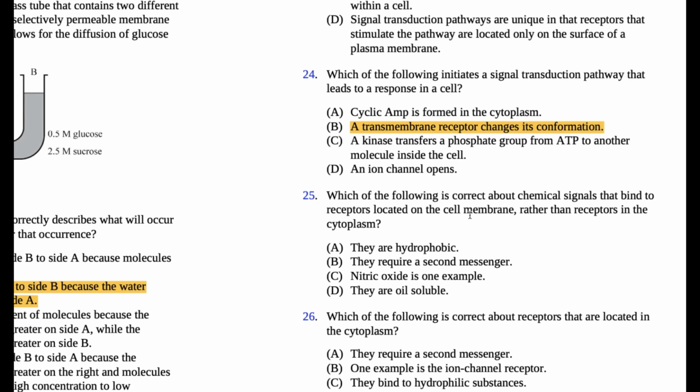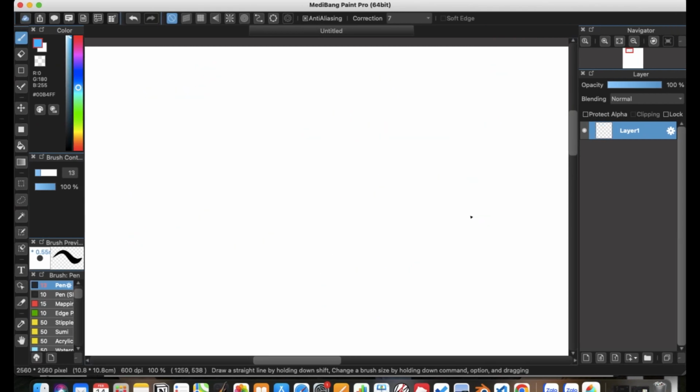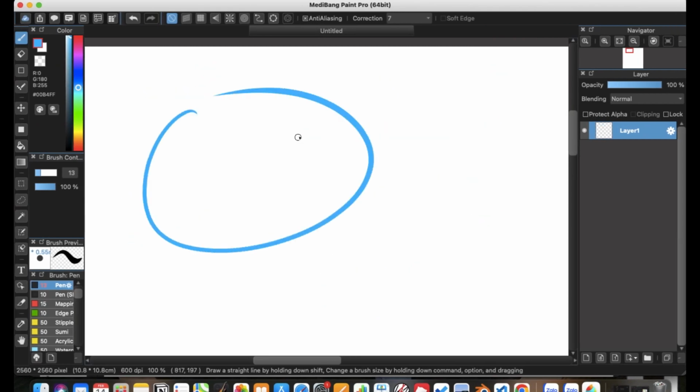So you get the receptors in the cytoplasm, right? There's a receptor inside the cytoplasm, so it can trigger the activation of the process inside the cell immediately without needing a second messenger. However, on the outside of the cell, you need to trigger a receptor here. Here's our receptor, right?